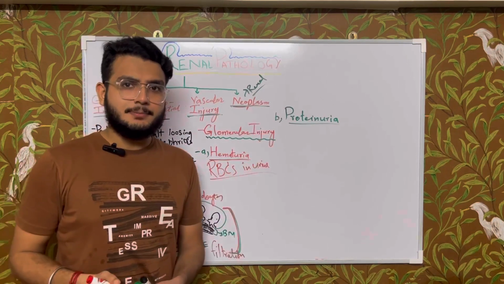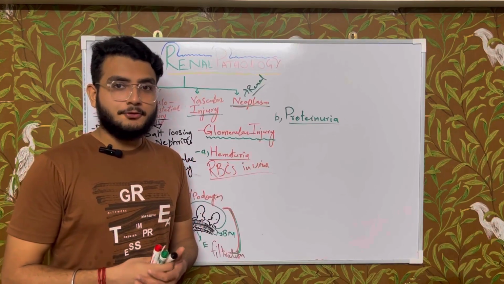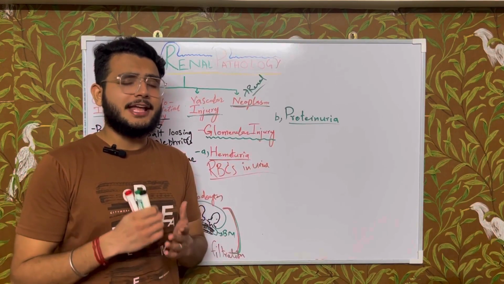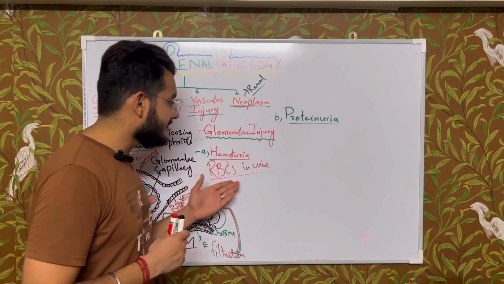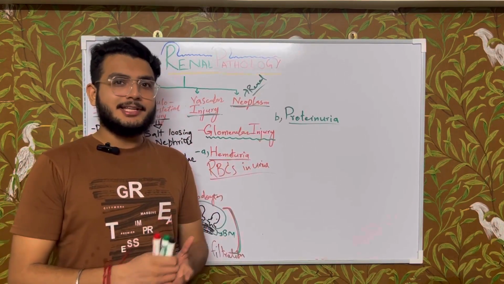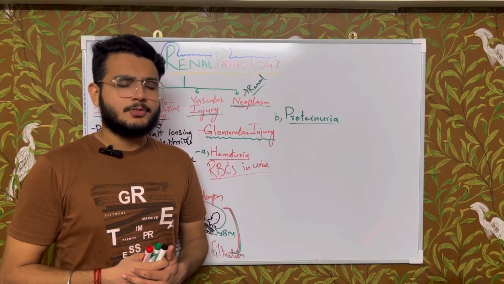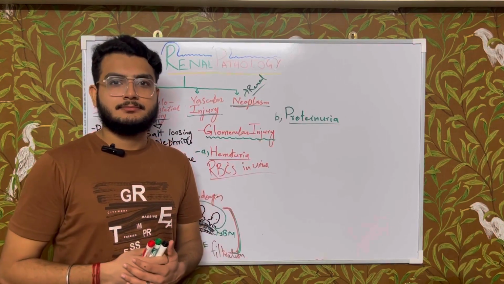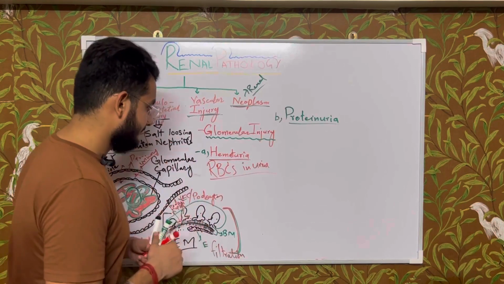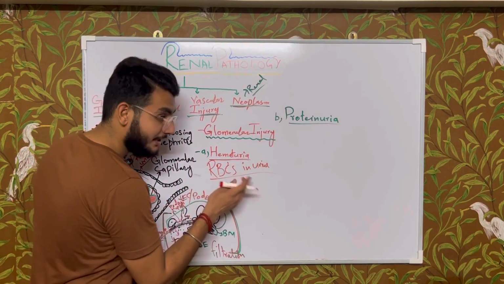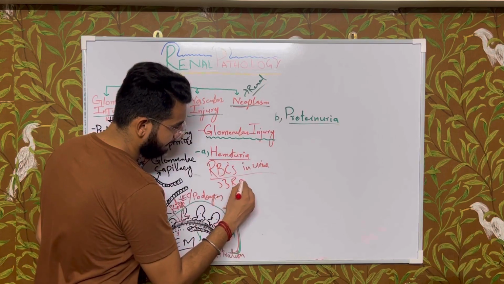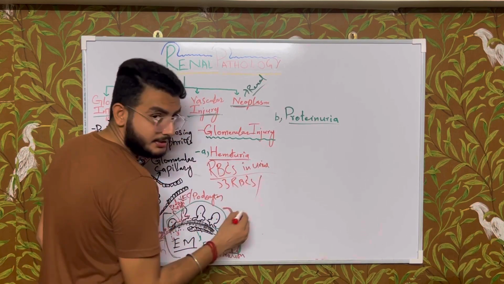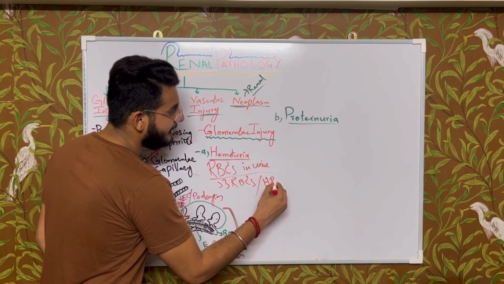Is this the complete definition of hematuria? If you find anybody with RBCs in their urine, will you declare them a hematuric patient? Not at all. You can never declare them until you find more than 3 RBCs per high power field.